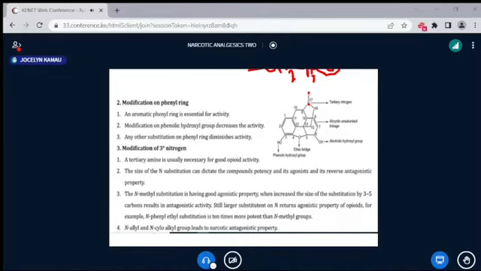Remember, I did mention when we were looking at the morphine rules that sometimes you will have exceptions. And this is one exception to that morphine rule, where we said the R at position 17 is usually a methyl, a small alkyl group for agonist activity.